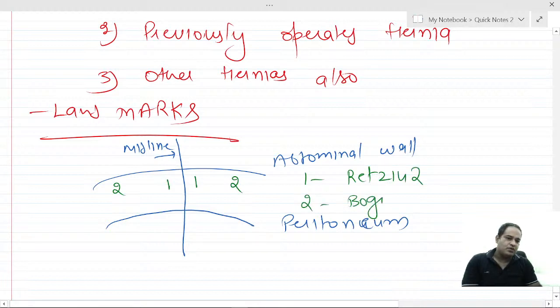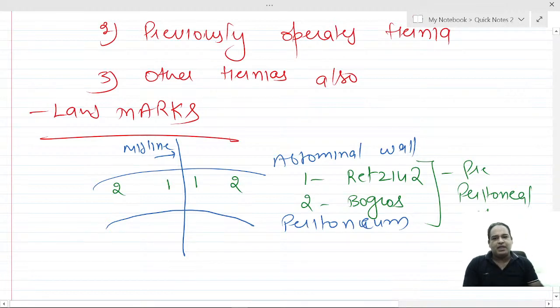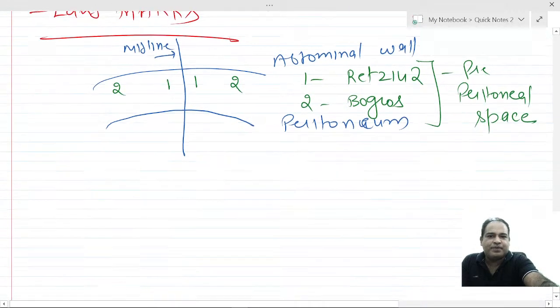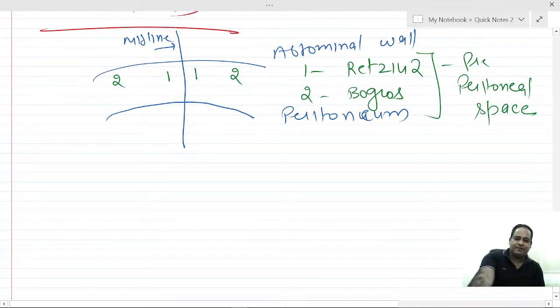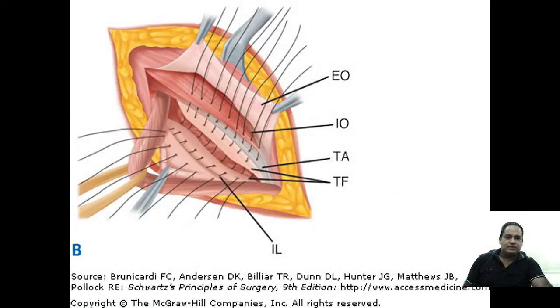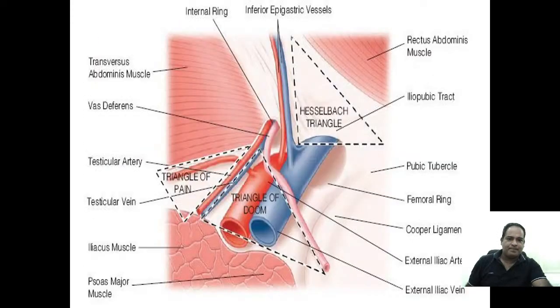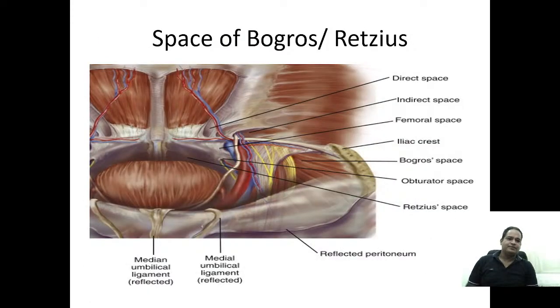Space 2 is the space of Bogros. So both of them are called the pre-peritoneal space. Right? So you see, Retzius space, Bogros space.